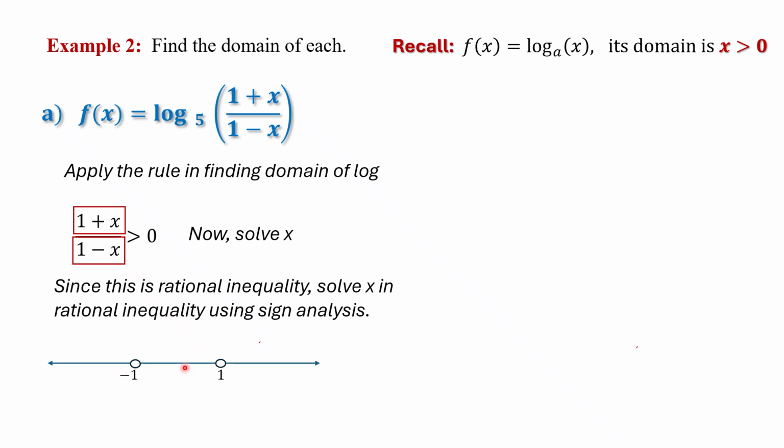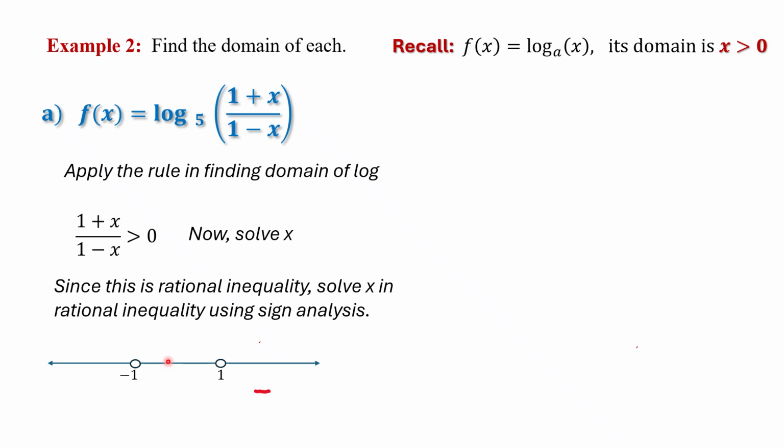And both of them open because this is only greater than 0. Then we will get the sign on this inequality on the right side by choosing a number after 1 or from 1 to infinity. So let's say 2. If we will place 2 in this given fraction, the answer is negative 3, meaning the sign in this interval is negative or less than 0. So we will put a negative sign.